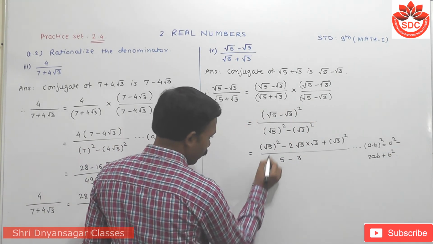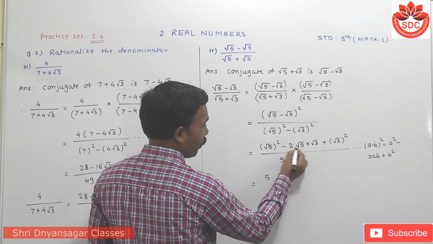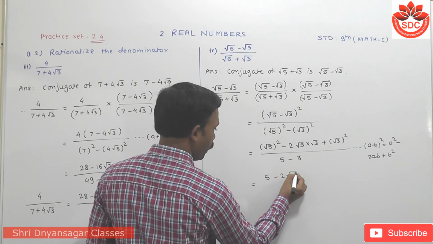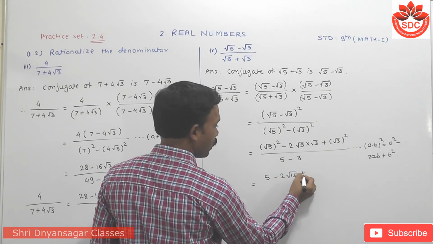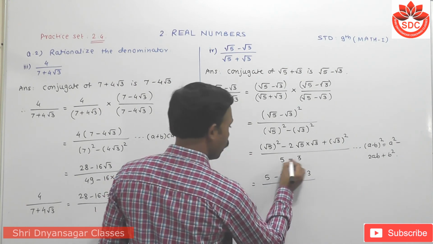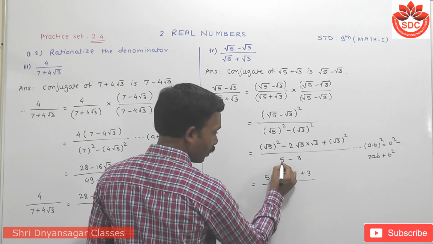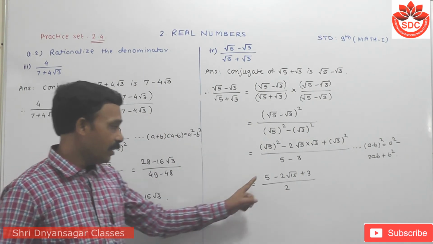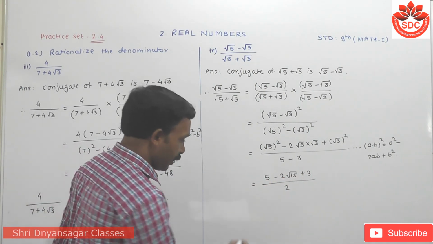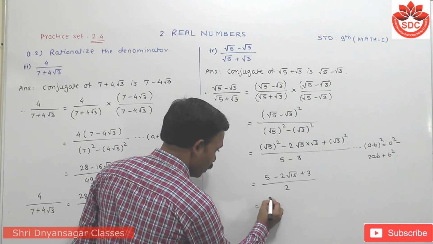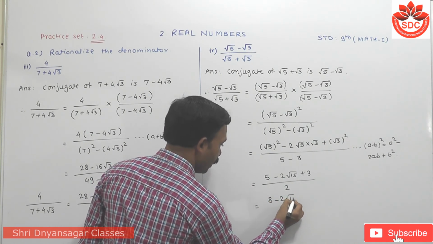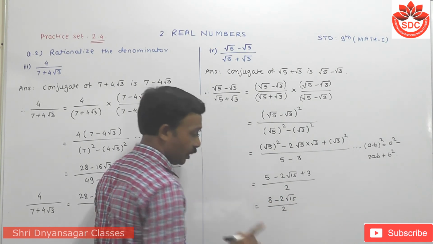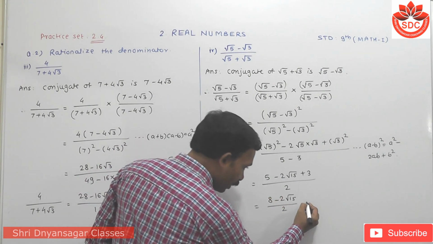Then root 5 square is 5, minus this one, 2 root of 15, plus this 3, upon 5 minus 3 becomes 2. Then 5 plus 3 becomes 8 minus 2 root of 15 upon these 2. Student, look carefully. We take common 2 here.